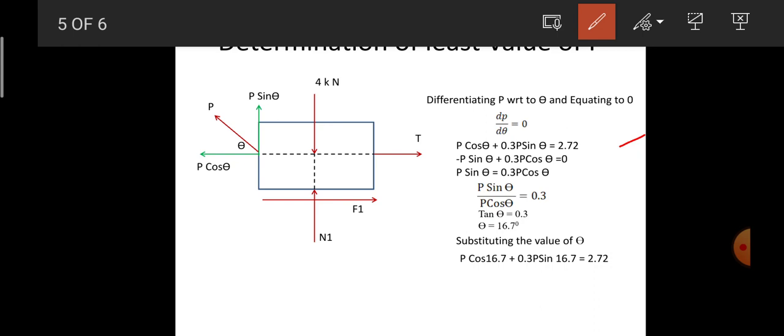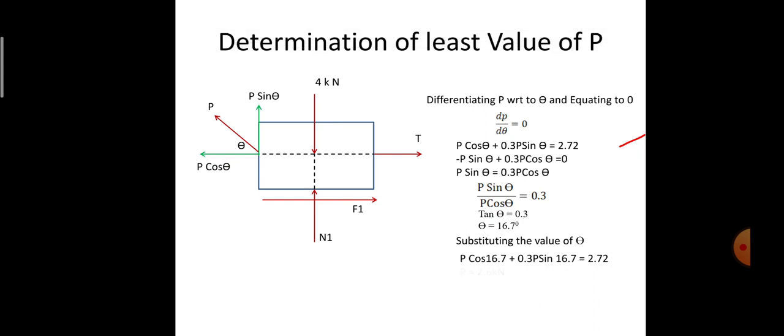So P cos 16.7 plus 0.3 P sin 16.7, with the value we got for theta. Solving, I get the value of P as 2.6 kilonewton. This is how we calculate the least value of the impending force system.